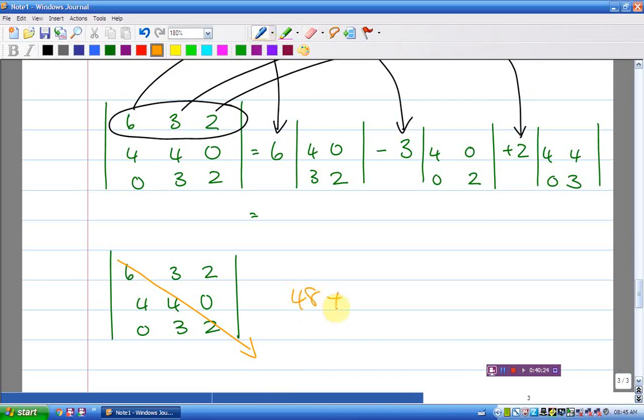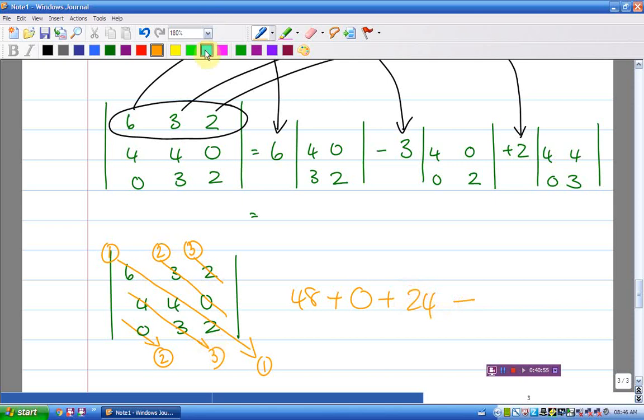Plus, then you multiply 3 times 0 times, wrapping around, 0. There's arrow number 1, there's arrow number 2, here's the end of arrow number 1, here's the end of arrow number 2. 3 times 0 times 0. Then 2 times, wrapping around, 4 times 3. Here's the beginning of arrow number 3, here's the end of arrow number 3. 2 times 4 times 3, that's 8 times 3, 24.